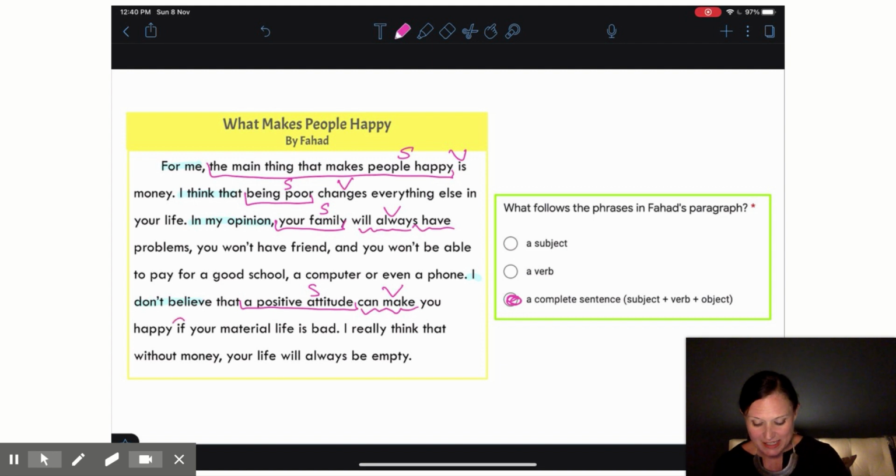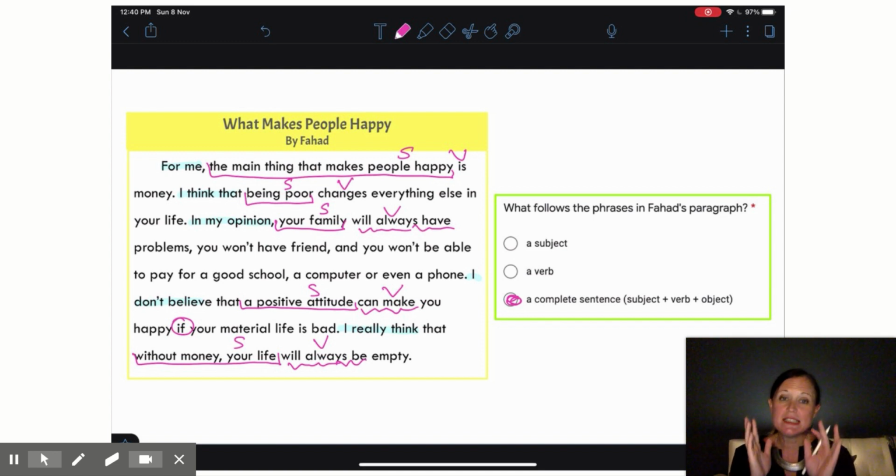And that's because it is an if clause. We're going to get to that a little bit later. And then finally, he says, I really think that without money, your life. Again, that's my whole subject. And then I've got my modal verb, will always be. So you can see how Fahad used all of those phrases followed by a complete sentence.